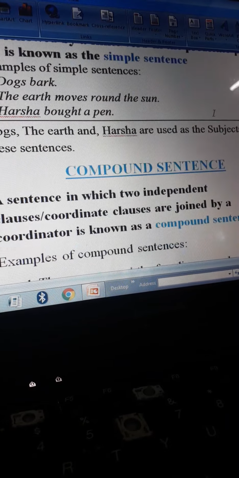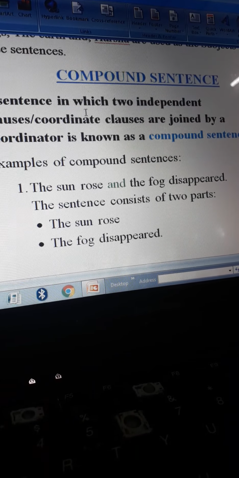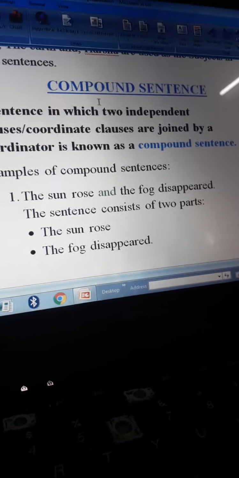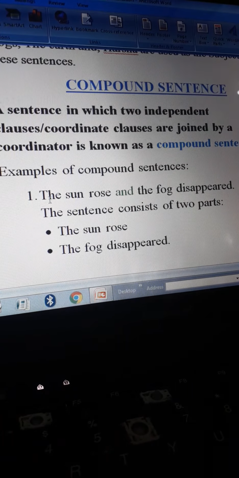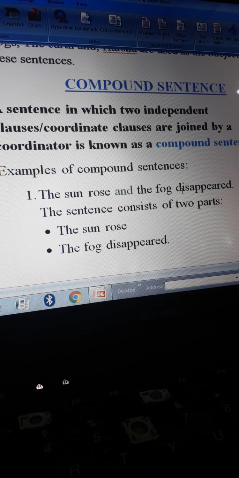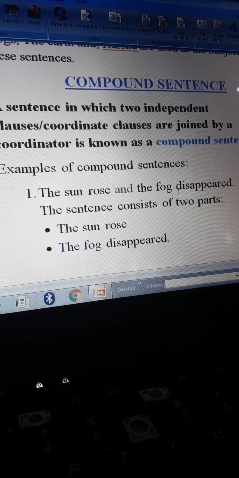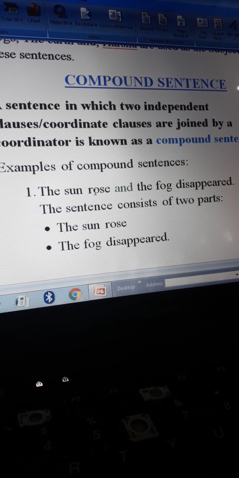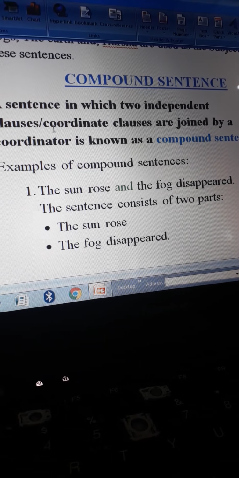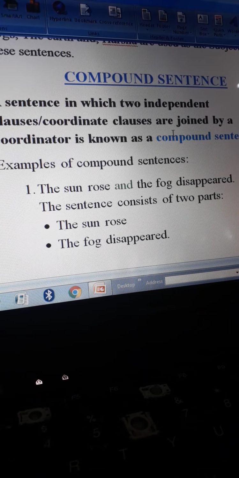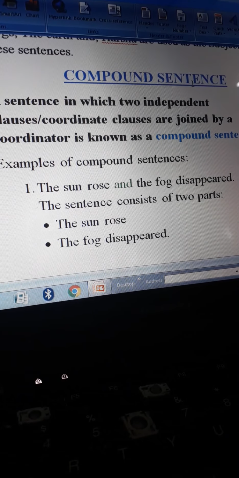Okay. Compound sentence, in this sentence we have two clauses which are completely making good sense on their own, and they are called independent clauses. So when the sentence contains two independent clauses, that sentence is said to be a compound sentence.